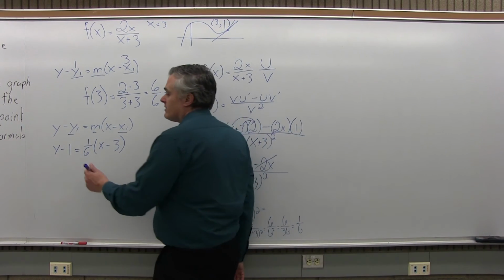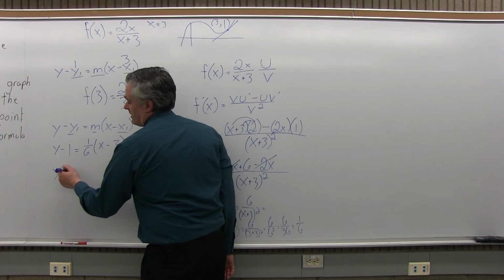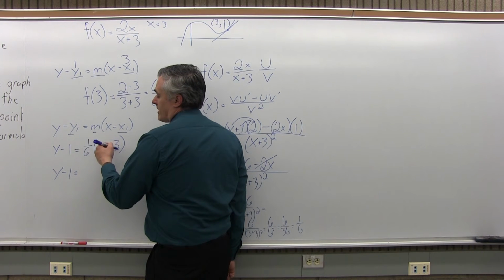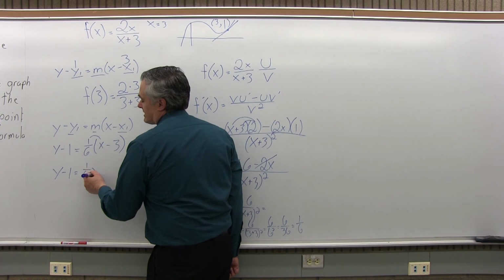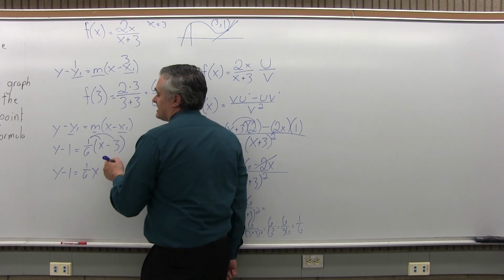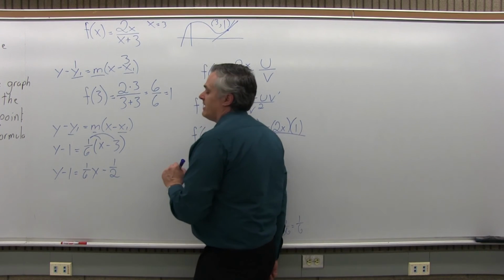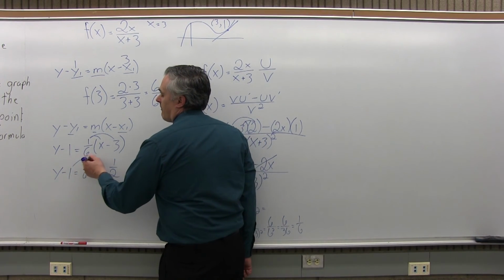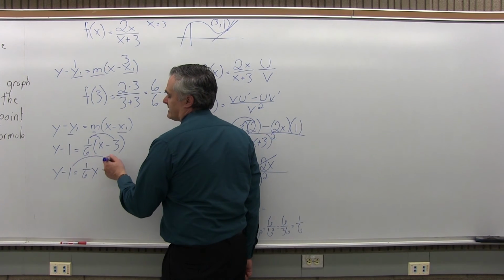And if you wanted to, you can clean it up. This would be good for full credit. But if you like, you can put it in y equals mx plus b form. Let's clear our parentheses first. 1/6 times x is 1/6 x. 1/6 times negative 3 is negative 3/6, which would reduce to minus 1/2. And to finally put it in y equals mx plus b form, the minus 1 on the left side of the equals will come over to the right side as a plus 1.